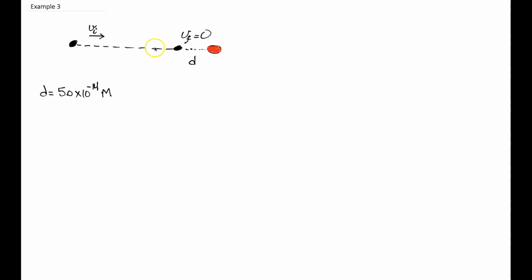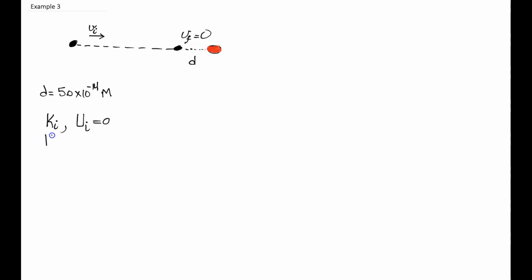So we can think of this as we have some initial kinetic energy Ki, we have initial electric potential energy, but because the distance from the alpha particle initially to the gold nucleus is relatively large compared to the stopping distance, we can approximate this to be 0.